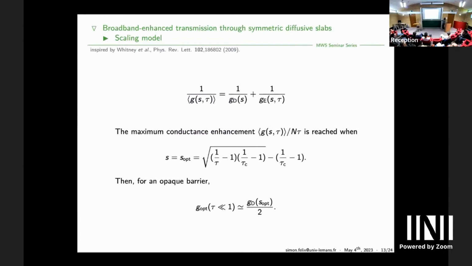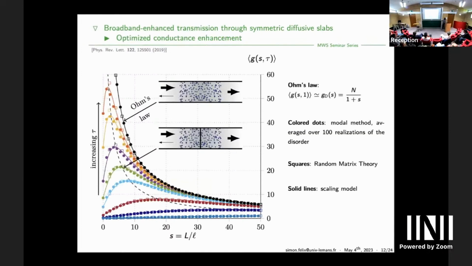If I apply this to the formula, and I assume also that tau is small, an opaque barrier, what I find, surprisingly, is that G optimal, the optimal conductance, is half the value of the diffusive conductance of the slab. Meaning that when it's optimally settled, this system behaves as a simple classical diffusive system, but with half the length of the initial one.